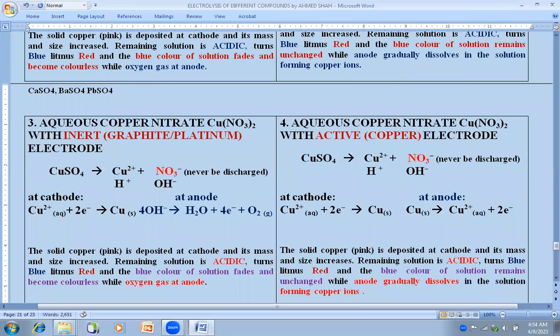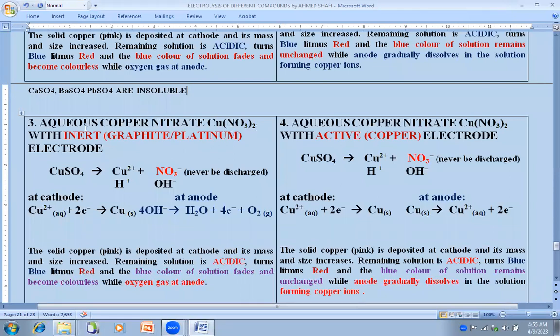These sulfates are insoluble, but the rest of the sulfate-containing salts are soluble. All nitrates are soluble, with no single exception.